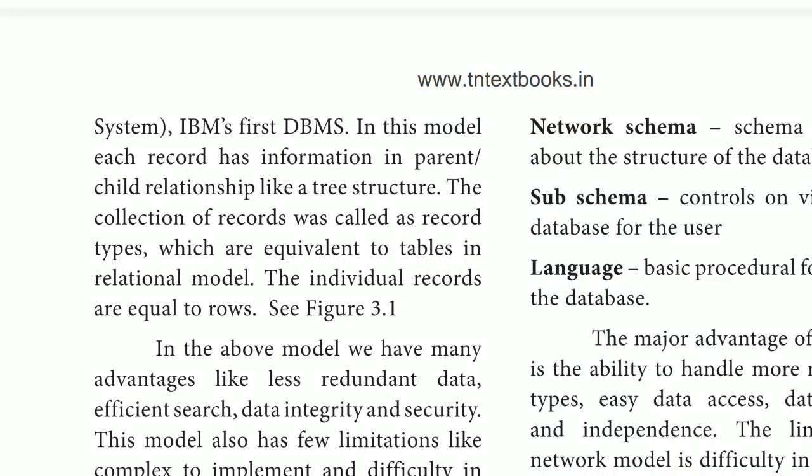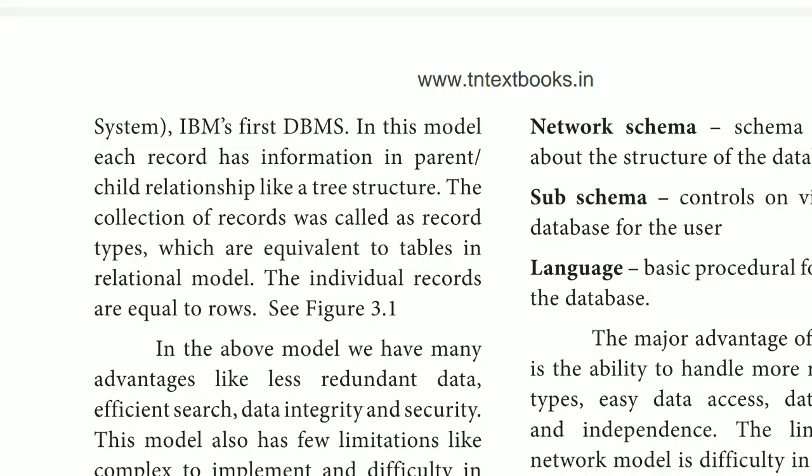If you create a database structure using this tree format, then it is known as a hierarchical database model. Here, the collection of records is called record types, which are equivalent to tables in the relational model.